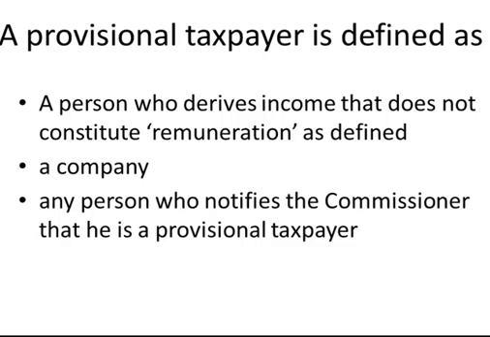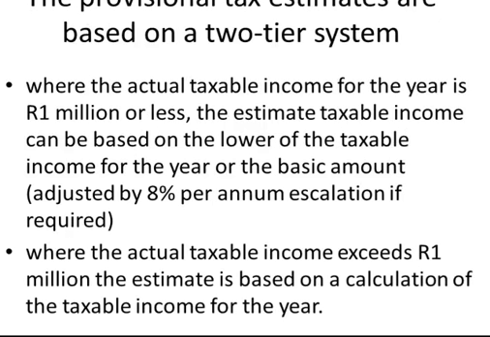They go on to define a provisional taxpayer as a person who derives income that does not constitute remuneration as defined, a company, or any person who is notified by the Commissioner of SARS that he is a provisional taxpayer. They work on a two-tier system where your taxable income is less than R1 million.